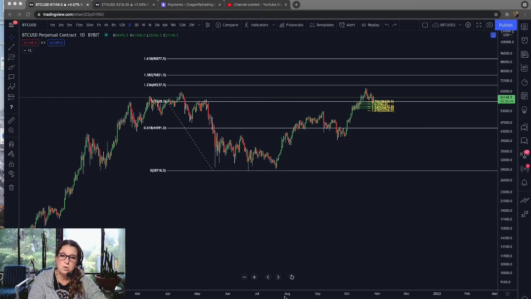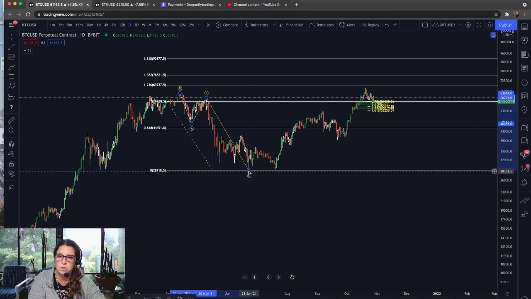Now, whether you are calling this first move an expanded flat like this, or you're calling it an ABC like this, it doesn't matter. Both are three-wave moves, okay? Which means we started off with a three-wave move. Why?